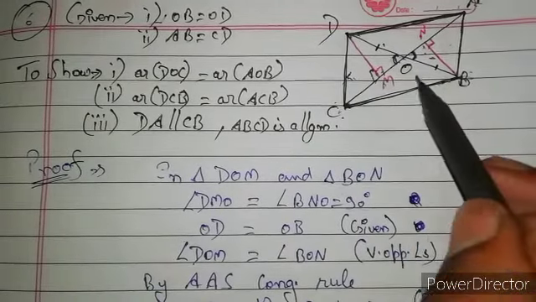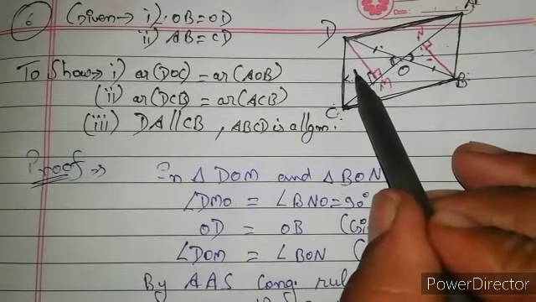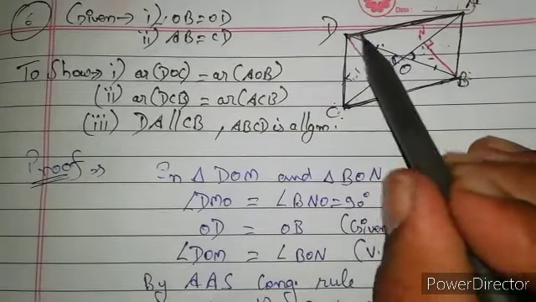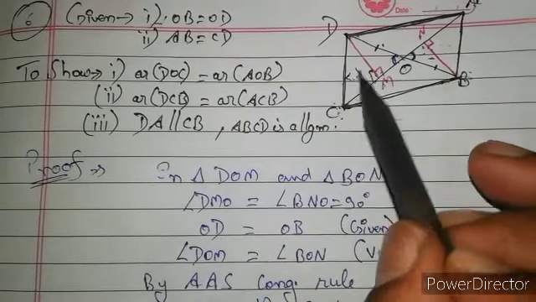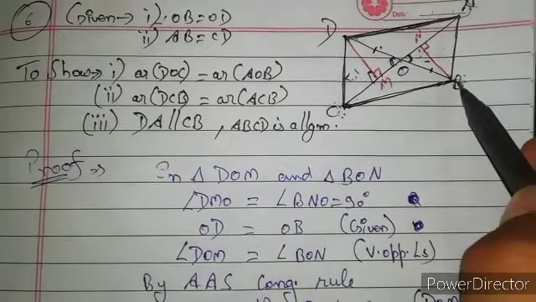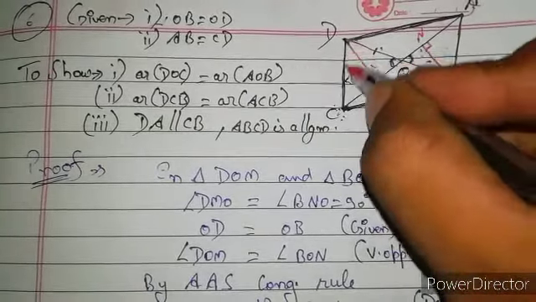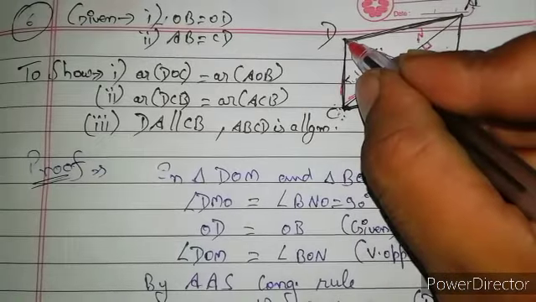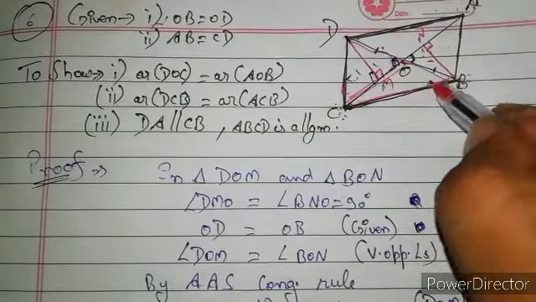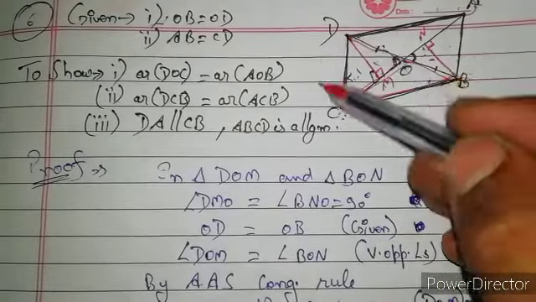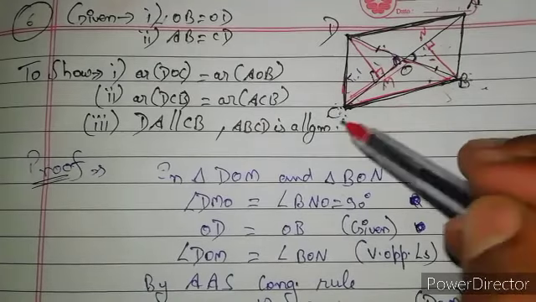If we add area of BOC to both of them, we have triangle DOC, and if we add triangle BOC to it, we will have the entire triangle DCB. Means we have this much of triangle now, and if we add the area of this triangle also, then we will have the entire triangle DCB. Similarly we have triangle ABC.